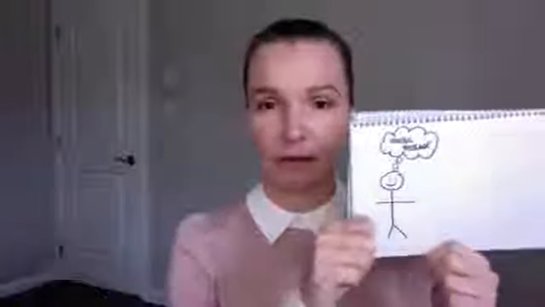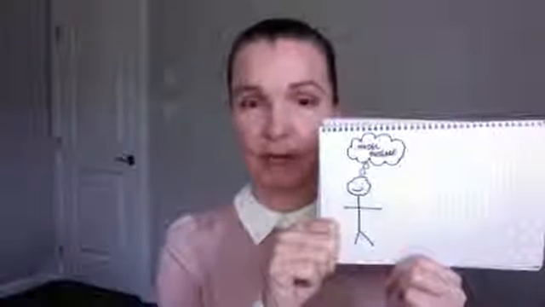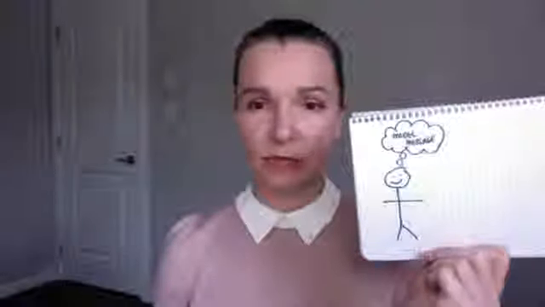So you need to have a model and a message. The model is the structure that you're going to use for your scenario and your framework that you're going to use for your module. And your message is really you deciding what is it that my learner, my target audience, needs to get out of this experience.